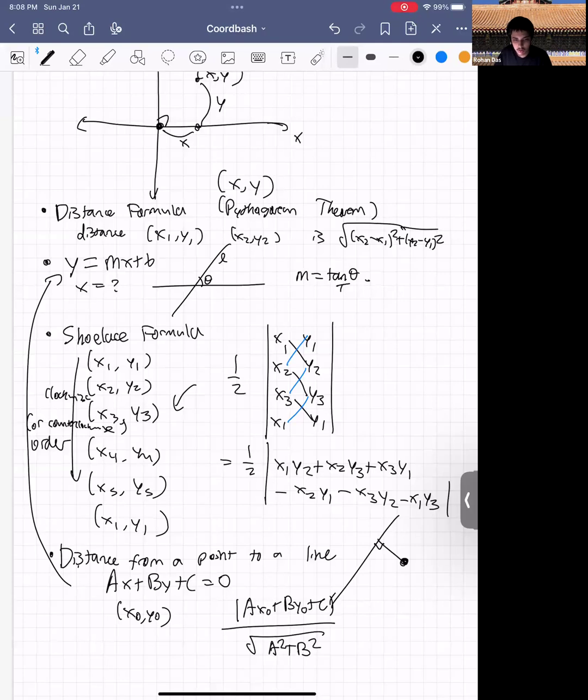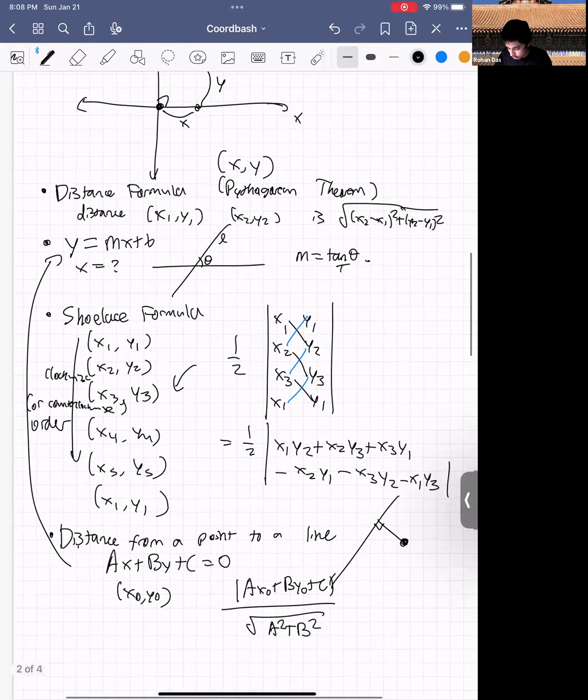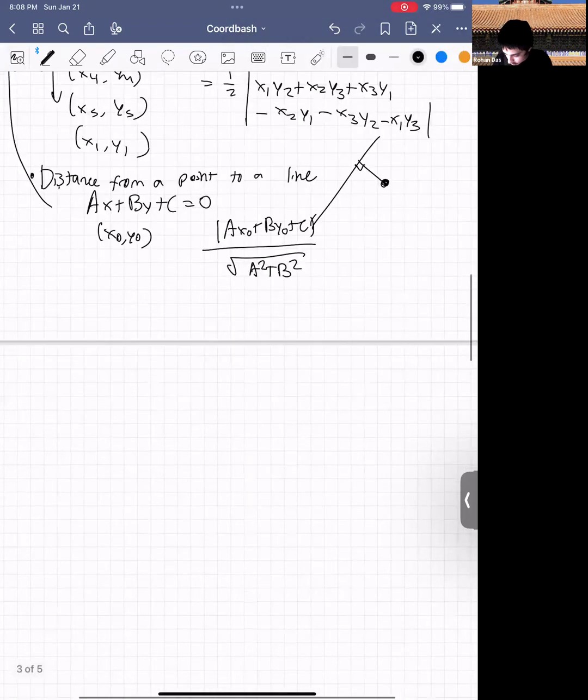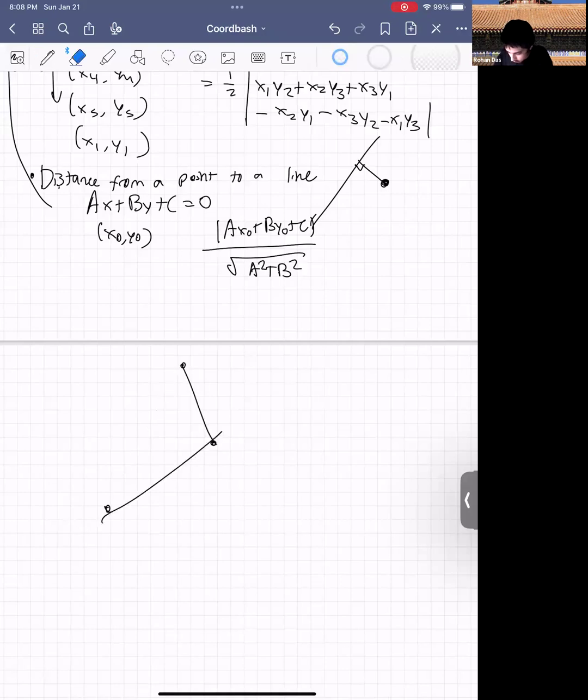It's not important to memorize the formula itself, but it can be helpful to know that if you ever need to find the distance and you don't remember the formula, you can do it by considering the triangle formed by the 3 points, finding its area by shoelace, and then we already know this length, which is from the distance formula.